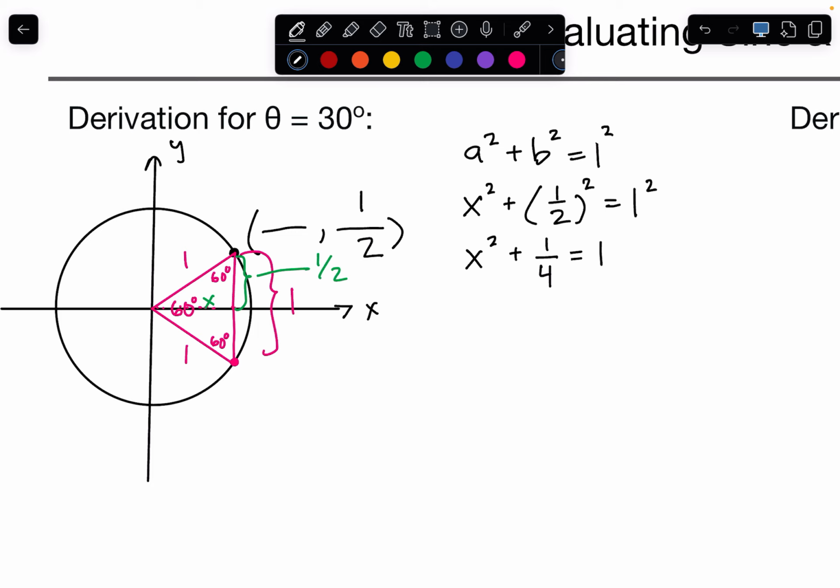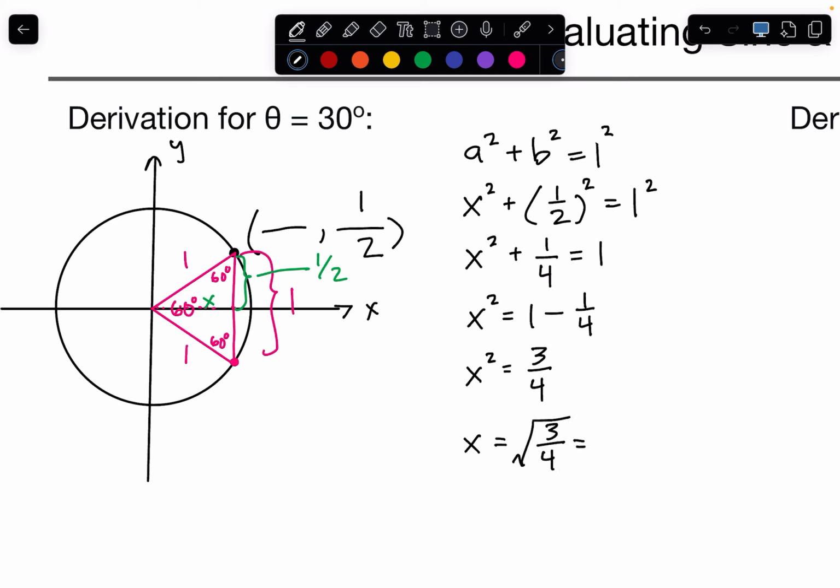I want to solve that for x. We're going to subtract 1/4 from both sides. 1 minus 1/4. What is 1 minus 1/4? 3/4. Perfect. How do I undo that square? Square root. So x is the square root of 3/4.